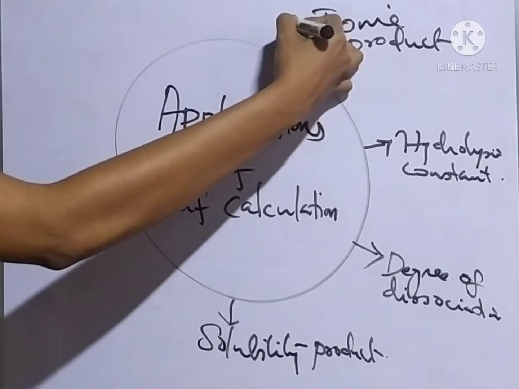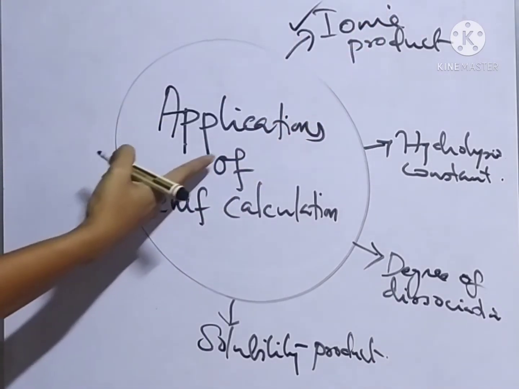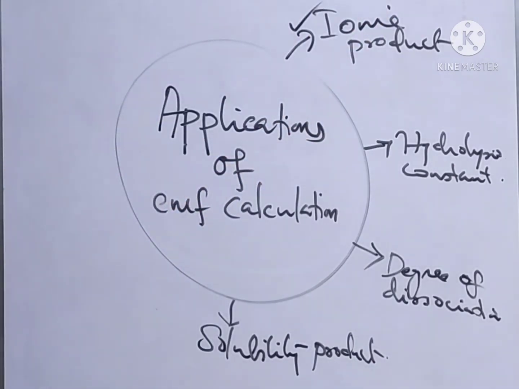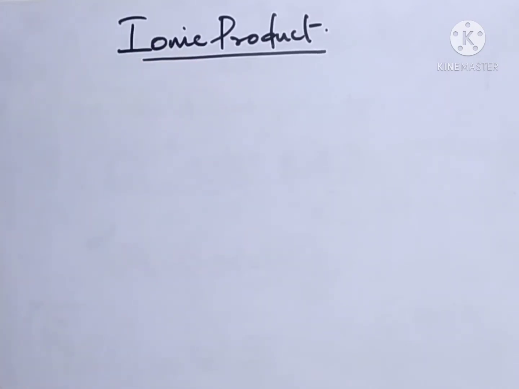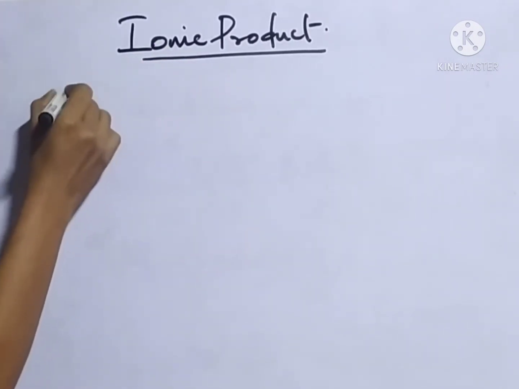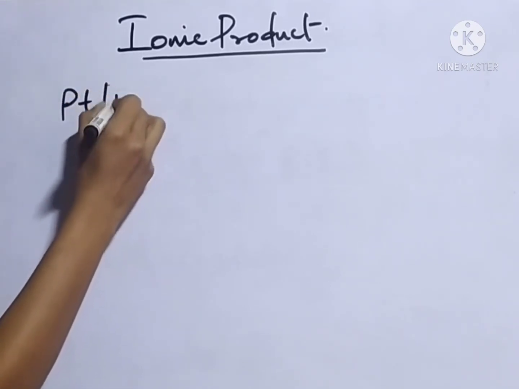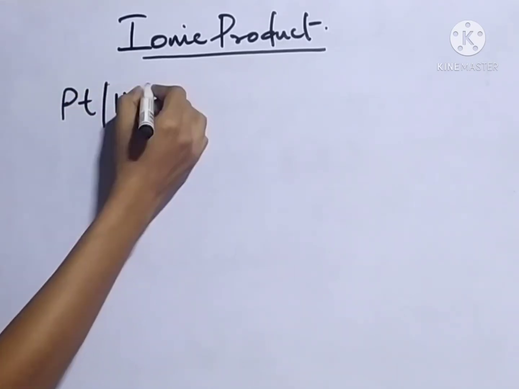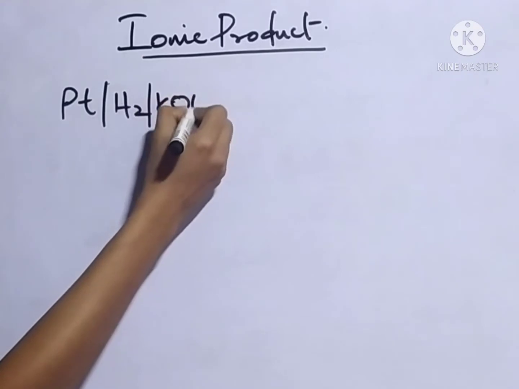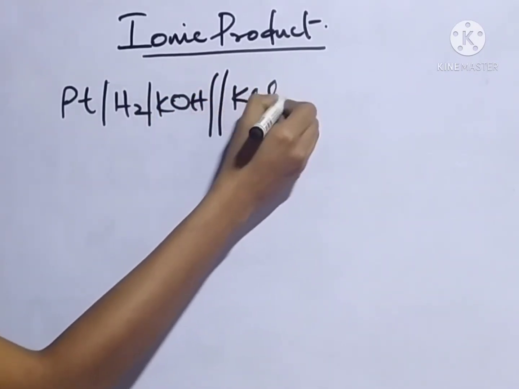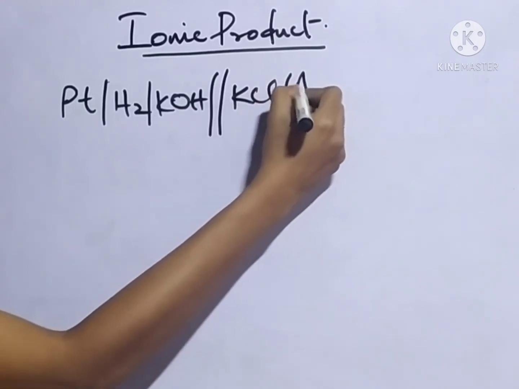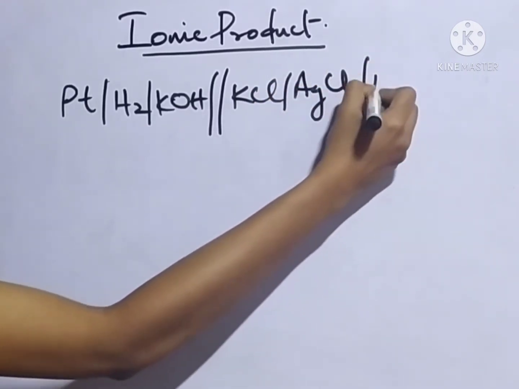First of all, how can we find out ionic product by using EMF value? Let's calculate the ionic product by considering a cell like this. Platinum, H2 and KOH, potassium hydroxide, KCl, AgCl, Ag.